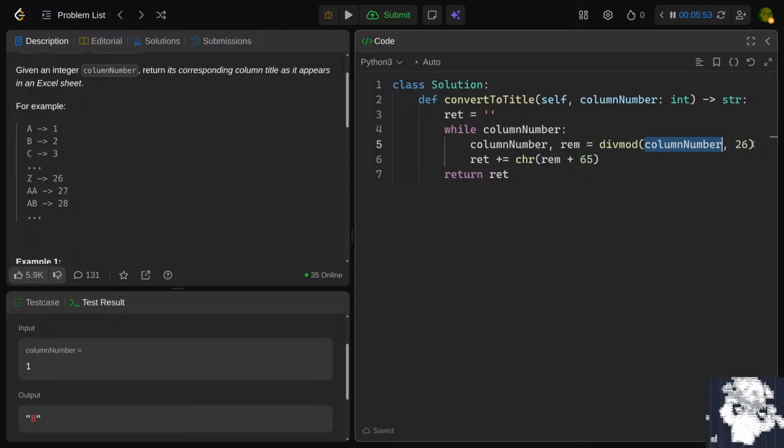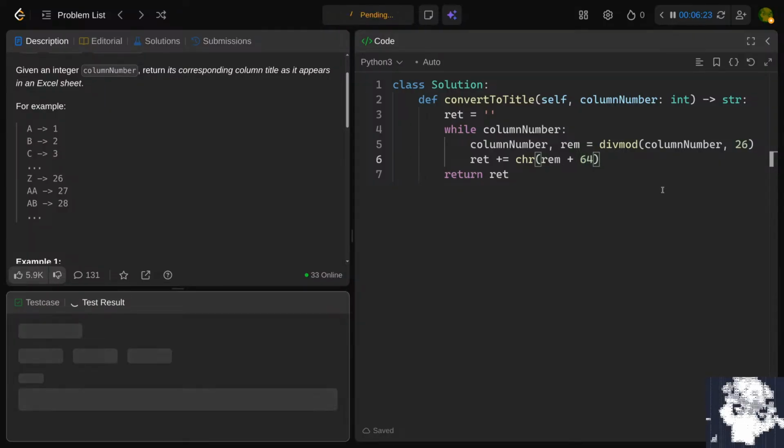Divide 1 by 26, that's going to give 0 here, so we're not going to do more stuff after that. Remainder is going to be 1. Then we're going to add 65 to it, which is going to put us to the letter B.